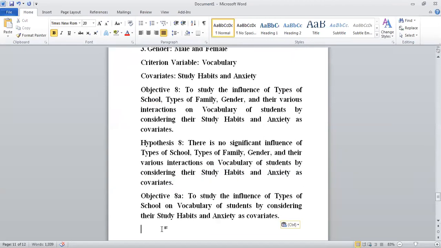So I can write like this. The another one I can write is 8B.